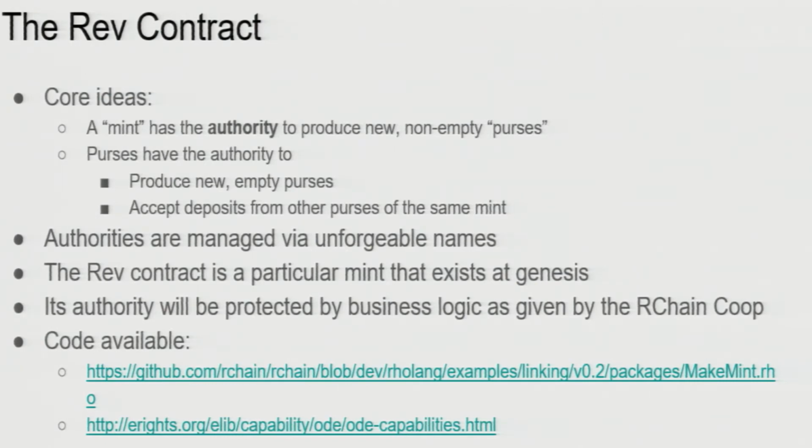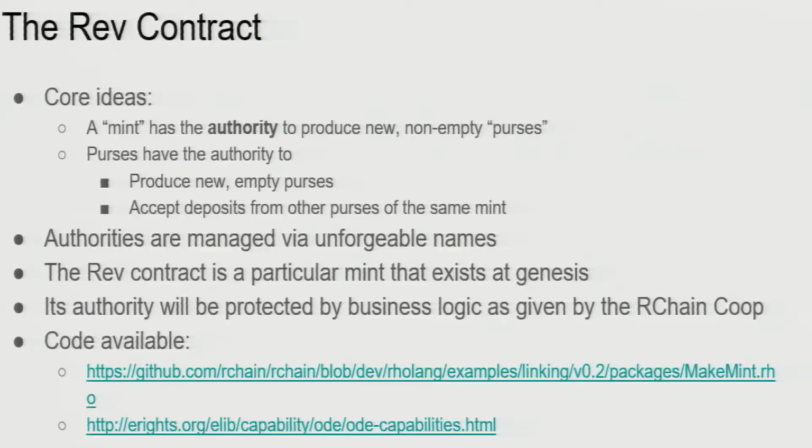Purses, on the other hand, only have the authority to produce empty purses. And this is an important piece of authority. We'll talk about how you might use that for your software development. And they can accept deposits from the same mint. So if I've got a purse and you've got a purse, and you hand me your purse, I can take some coins out and drop it into mine.